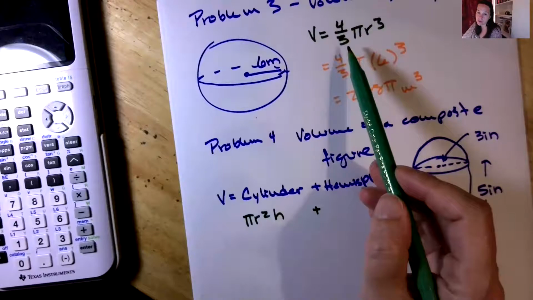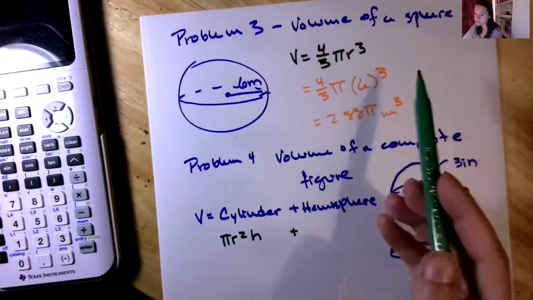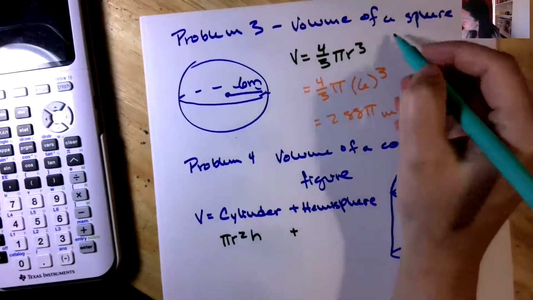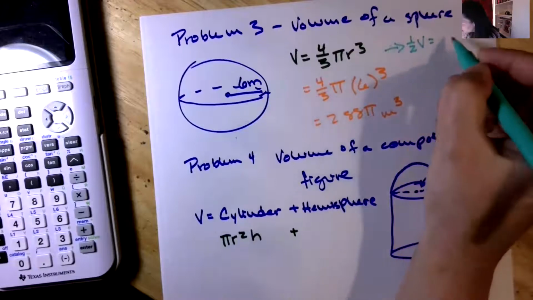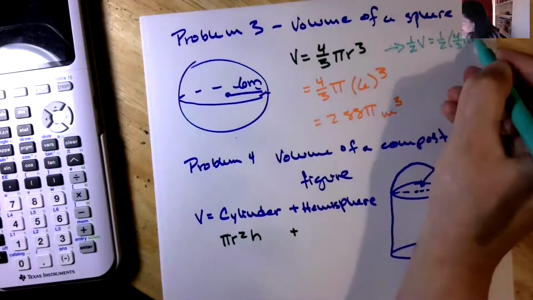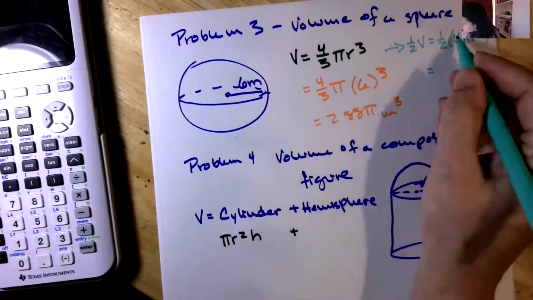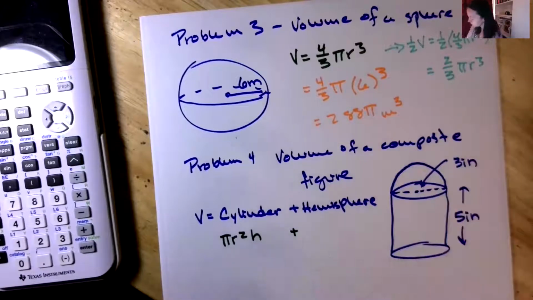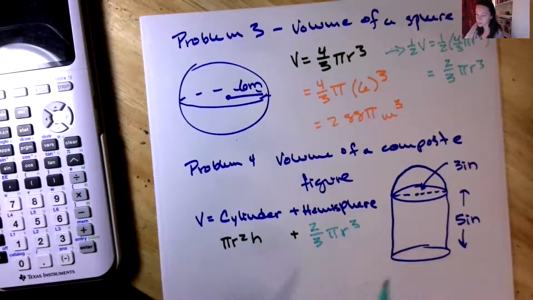So if the formula for the volume of a sphere is 4/3 pi r cubed, then half of that is going to be 1/2 times 4/3 pi r cubed, which will be half of 4/3 is 2/3 pi r cubed. So I'm going to have 2/3 pi r cubed down here.